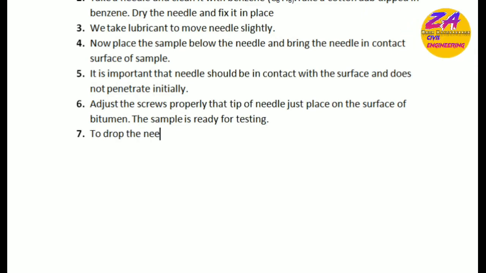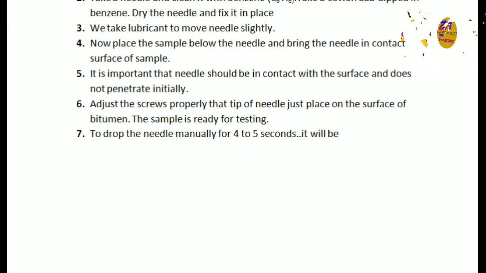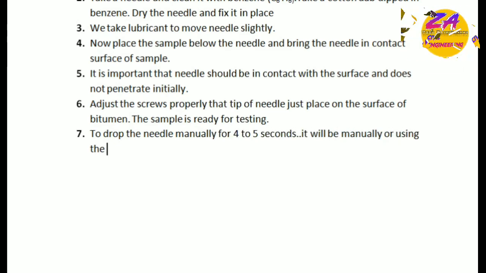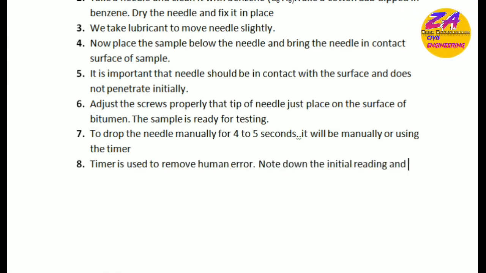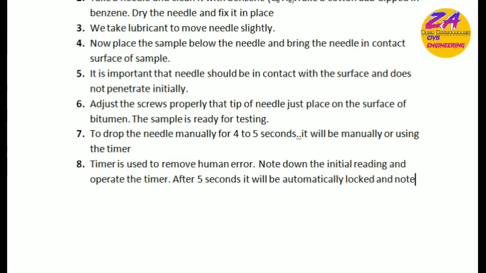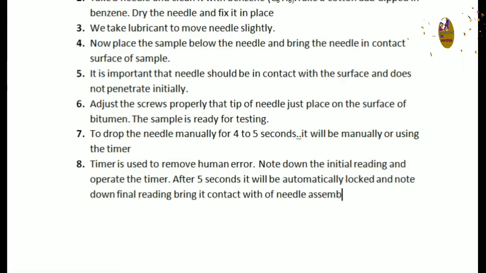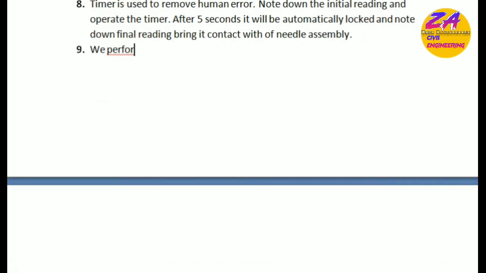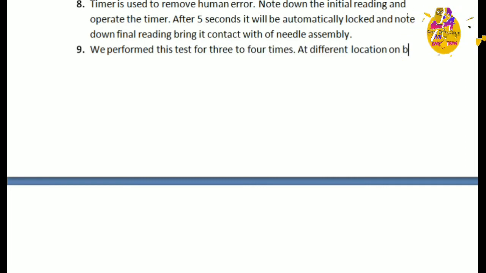Drop the needle for 5 seconds, either manually or using the timer. Using the timer removes human errors. Note down the initial reading and operate the timer. After 5 seconds, it will lock automatically; note down the final reading. Then perform this test 3 to 4 times at different locations on the bitumen.